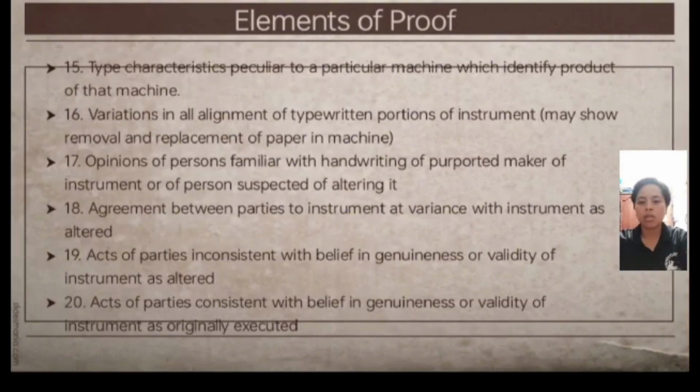Agreement between parties to the instrument at variance with the instrument as altered. Number 19. Acts of parties inconsistent with belief in the genuineness and validity of the instrument as altered. Number 20. Acts of parties consistent with belief in the genuineness and validity of the instrument as originally executed.